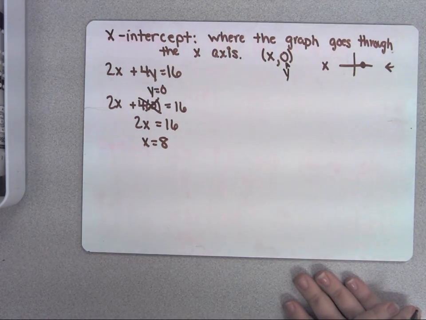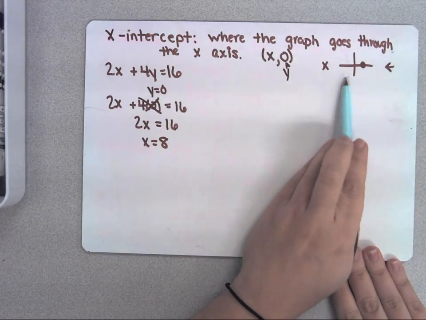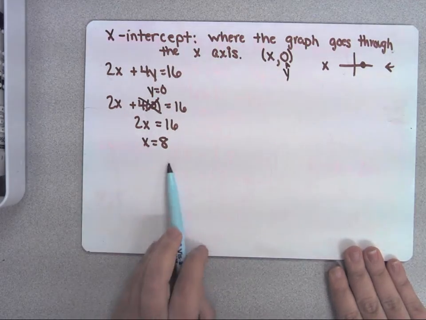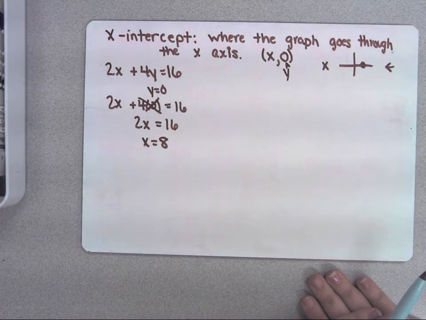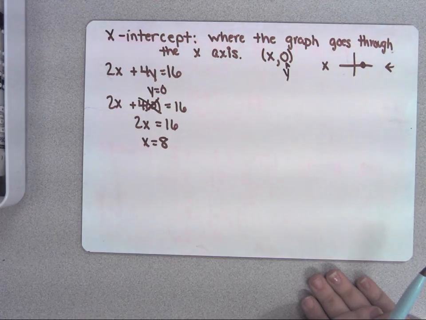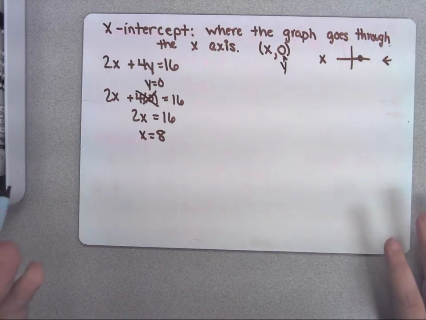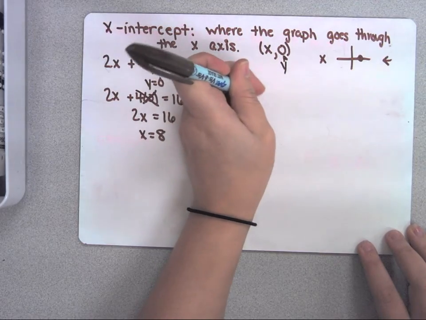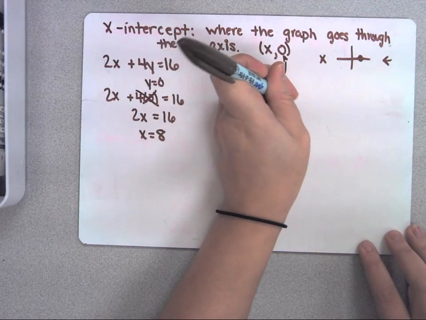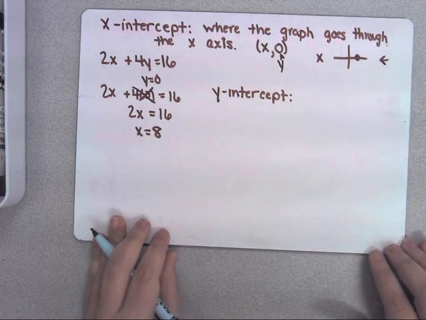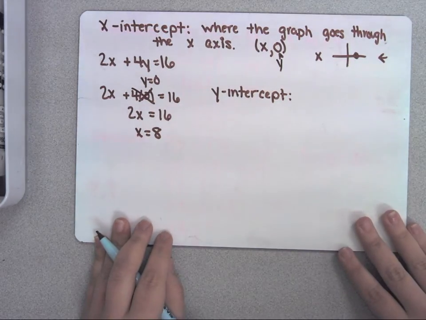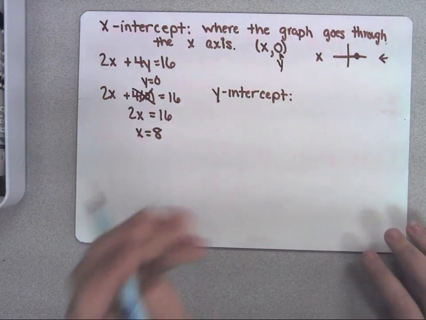So whether I'm looking at a graph, which I can use my eyeballs for, or I'm looking at an equation, can I find my x-intercept? Yes, ma'am, you can. Then, same thing with the y-intercept. Using your words, how do you describe what a y-intercept is on a graph?